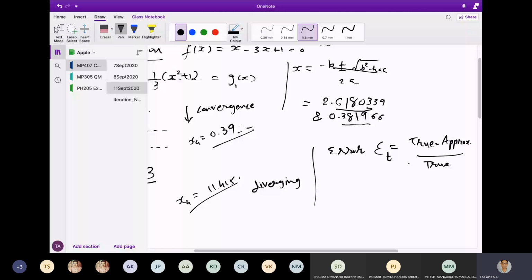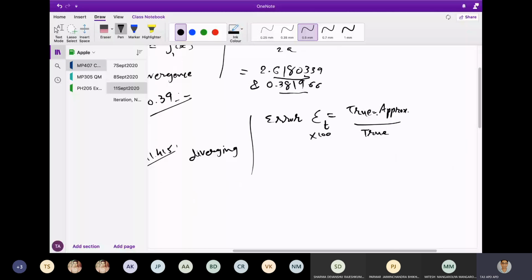If you multiply it by 100, then it will give you the percentage relative error. If you don't divide it, then it's simply the error. And if you divide by the true value and multiply by 100, it will give the percentage of error. That is what is required to be analyzed in most of the numerical problems that we should be doing.